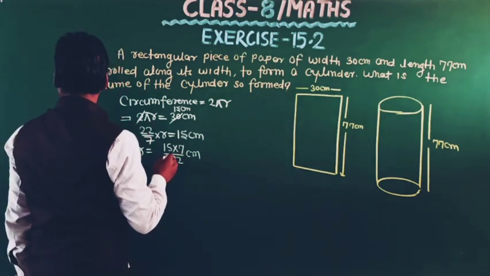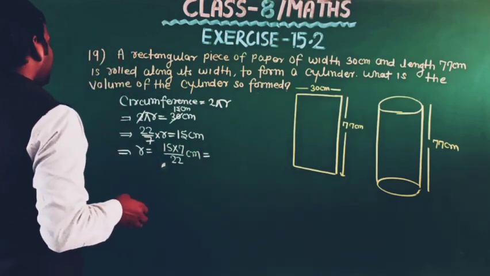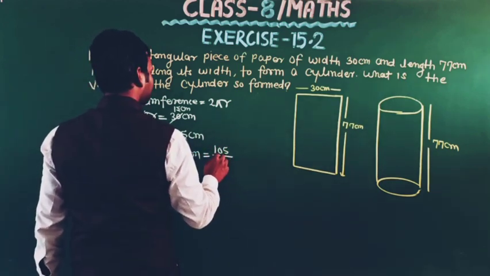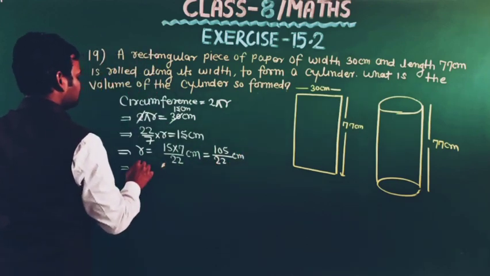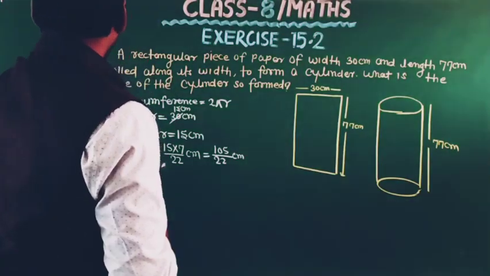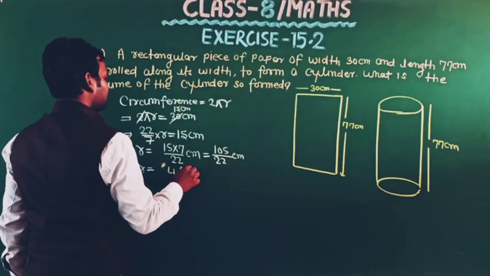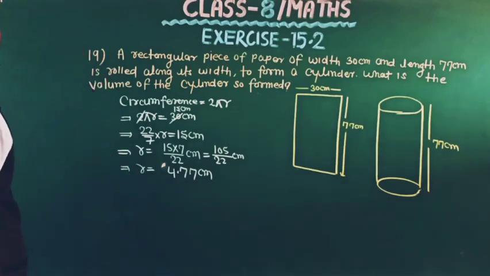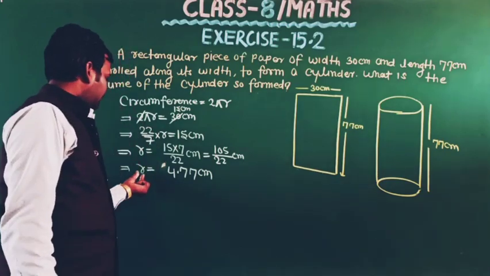Now multiply 15 by 7, so we will get 105 by 22 centimeter, and r equals 105 divided by 22, so we get 4.77 centimeter approximately. So here r is the radius.